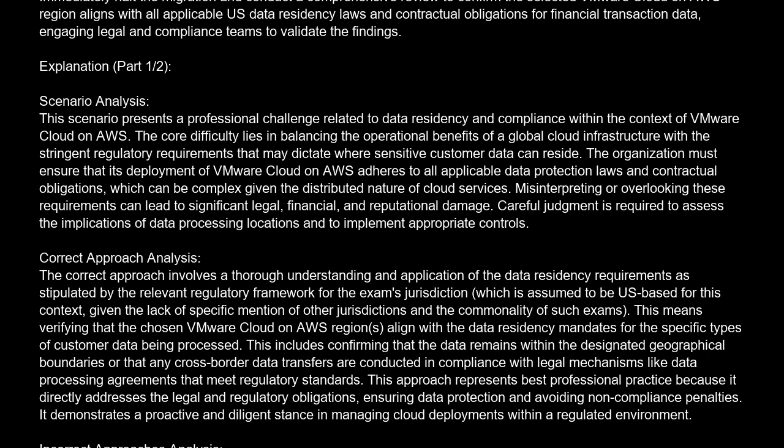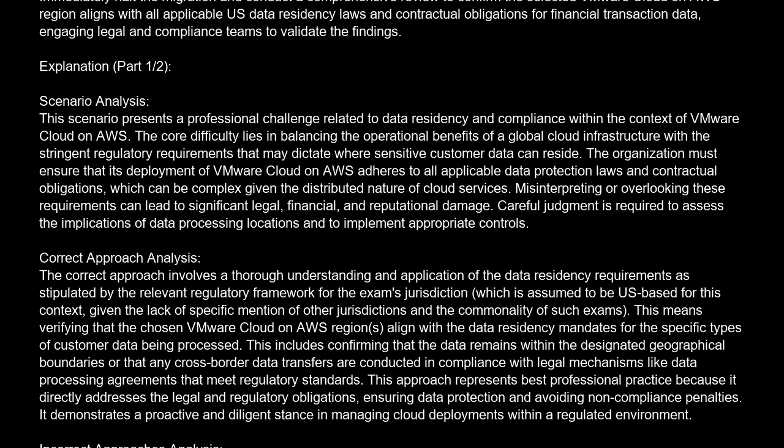Correct approach analysis. The correct approach involves a thorough understanding and application of the data residency requirements as stipulated by the relevant regulatory framework for the exam's jurisdiction, which is assumed to be U.S.-based for this context, given the lack of specific mention of other jurisdictions and the commonality of such exams. This means verifying that the chosen VMware Cloud on AWS region aligns with the data residency mandates for the specific types of customer data being processed.